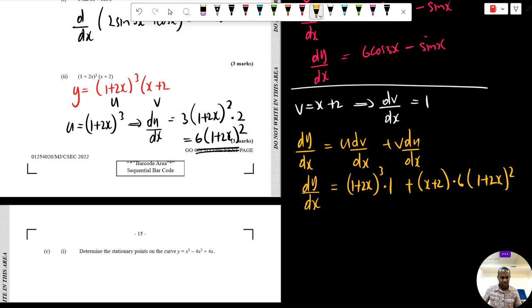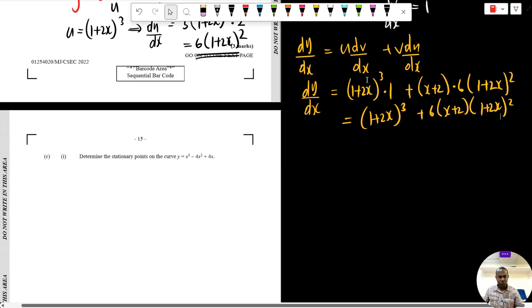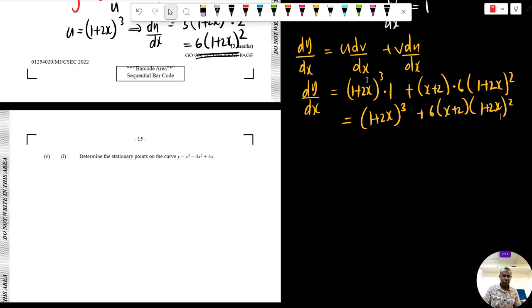And this, of course, is one that can be simplified. So let's write this out as 1 plus 2x cubed plus 6 times x plus 2 times 1 plus 2x squared. Now, if we examine the two terms, we'll see that one has 1 plus 2x cubed, the other has 1 plus 2x squared. So we can therefore factor out 1 plus 2x squared in an attempt to simplify the expression.